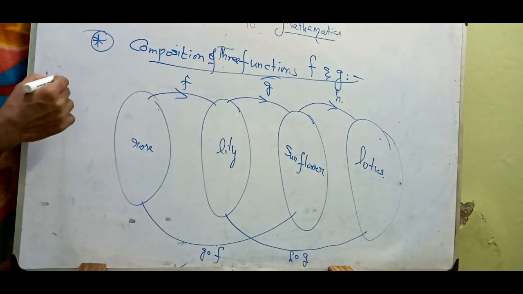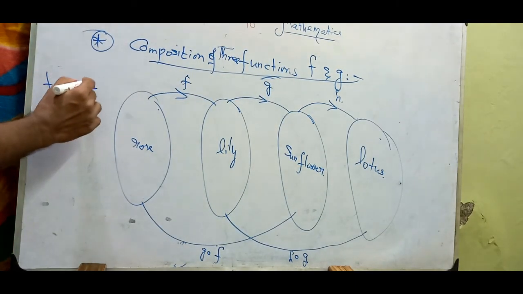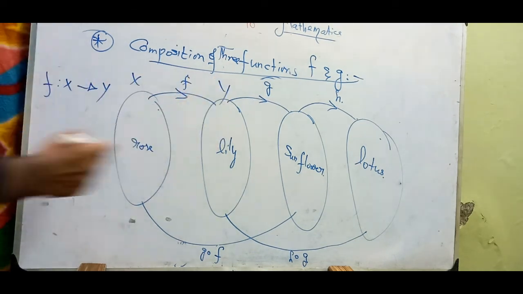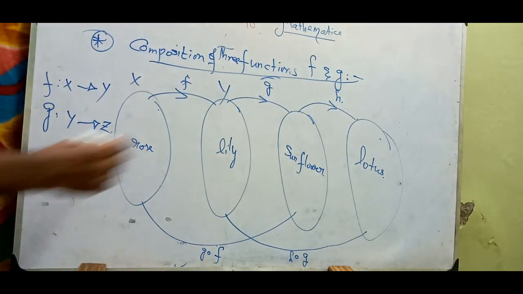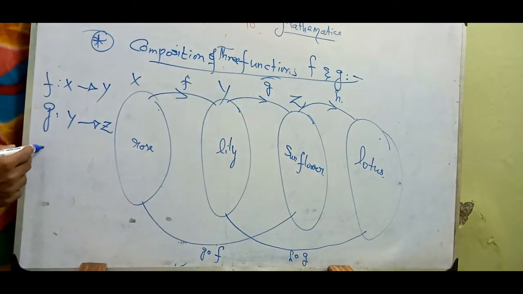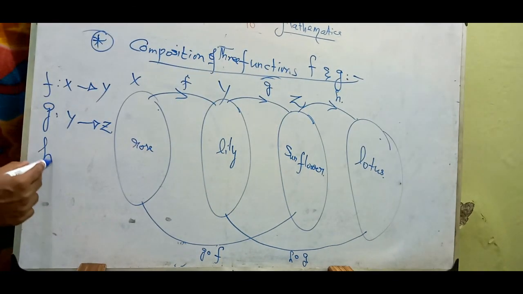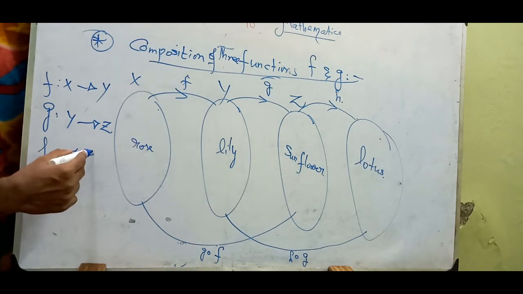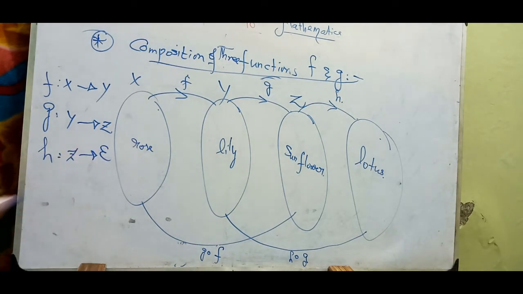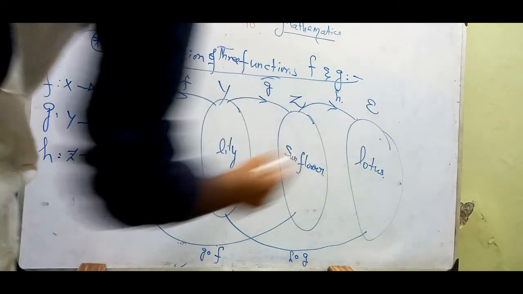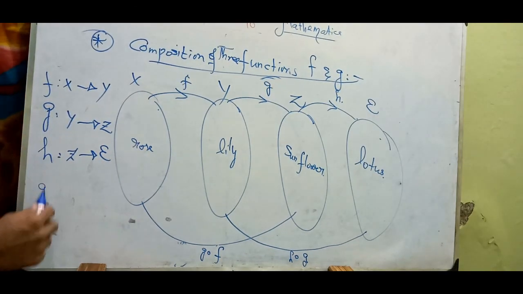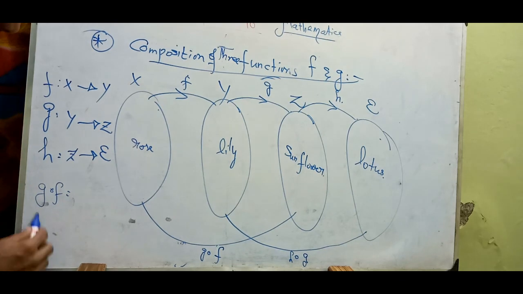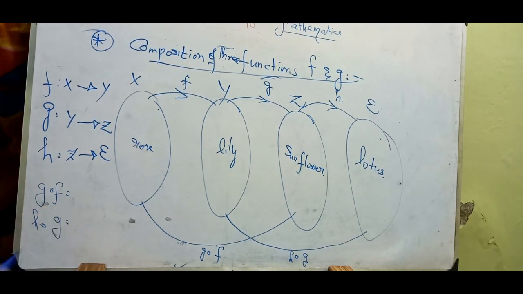So here we can say f is a map from X to Y, g is a map from Y to Z, then h is a map from Z to some E. So here we need g composition f and h composition g, two functions.